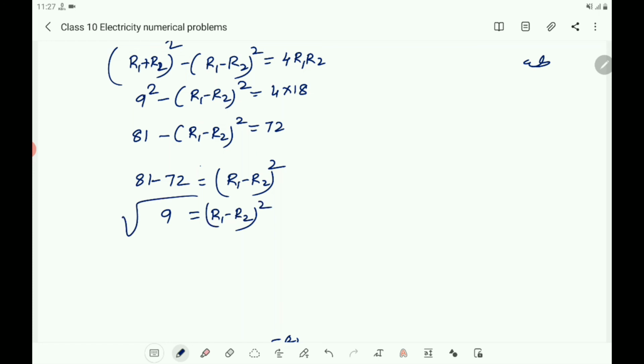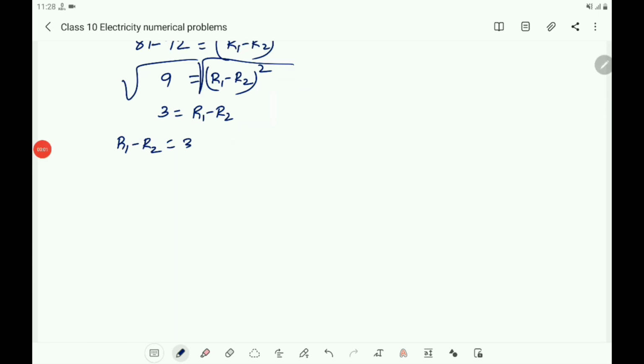So you take the root on both sides. That becomes 3 equals R1 minus R2. So you got that R1 minus R2 equals 3. Then you know R1 plus R2 equals 9. And here you can eliminate R2 as they have the same sign.